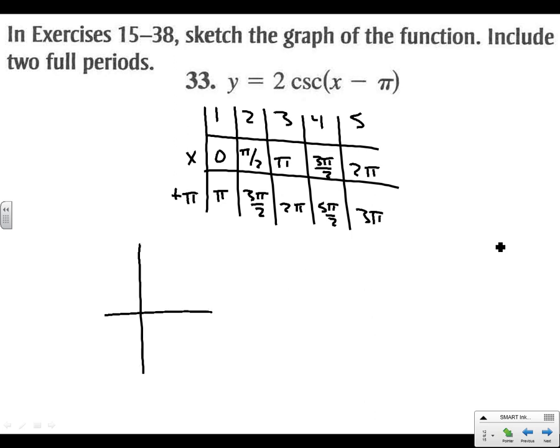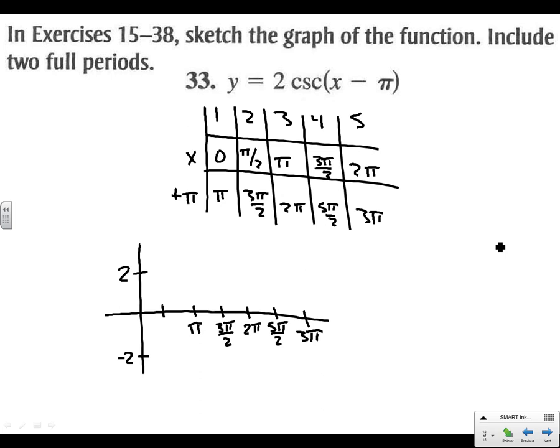That's what our graph's going to look like. So we'll start here at pi. Let me just label these quickly. All right, and so my amplitude is 2, negative 2. So I'm just going to put the 5 dots in. I'm not going to connect them for sine.